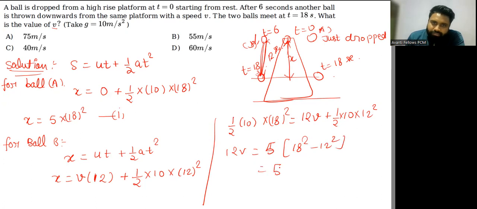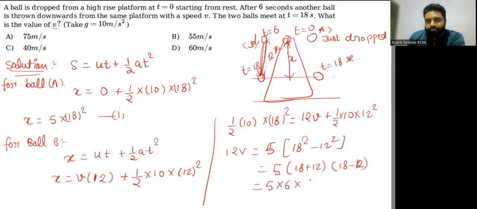So the difference of squares formula you can use. So it is 18 plus 12, 18 minus 12. 18 minus 12 results in 6. 18 plus 12 results in 30.